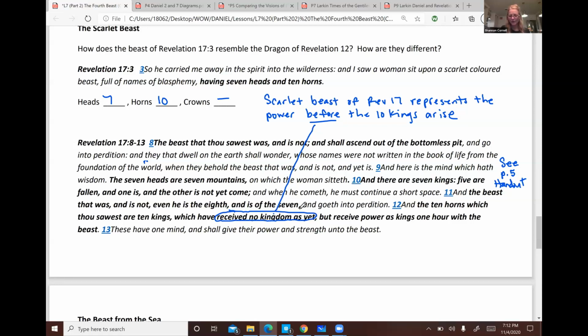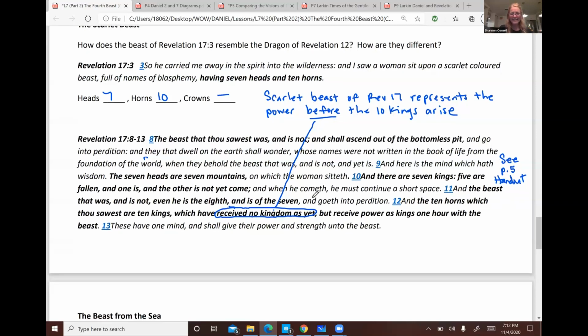They don't get their crowns until they have received their kingdom. So when they get their crowns, that means that we are at the very last part of the reign of Gentile empires on the earth. And we were told in Daniel 7, that's going to be for a time, times and half a time, or 3.5 years. Okay. So that's the first phase of the end times beast.